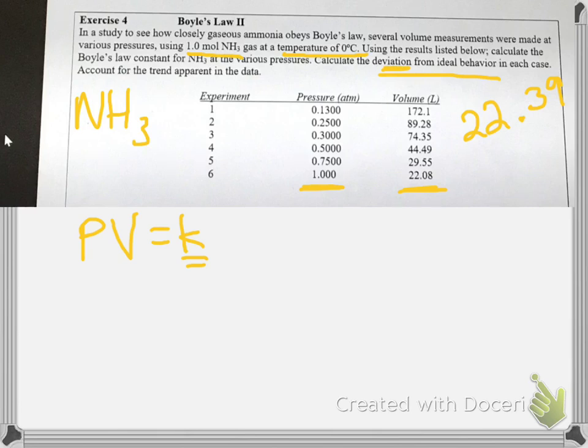We're looking for the deviation. So if this gas behaved ideally, in an ideal world, not in the real world, this would be P times V. So go ahead and calculate what P times V for each of these actually is.